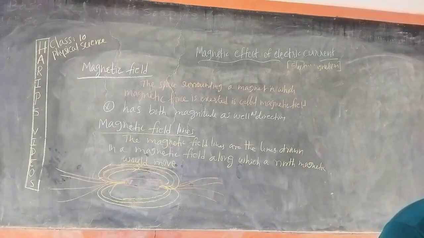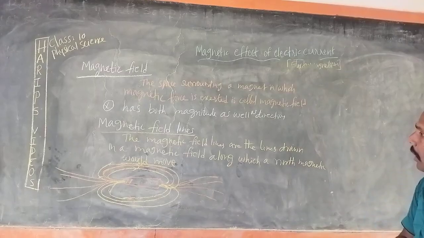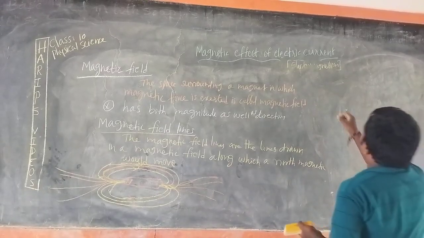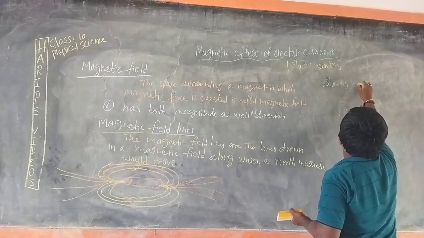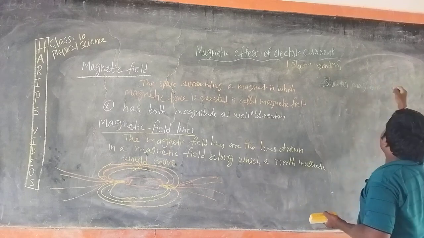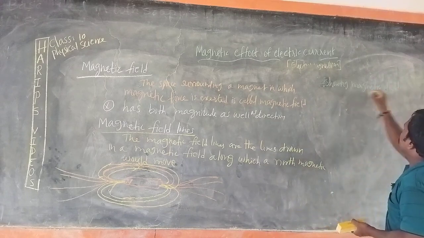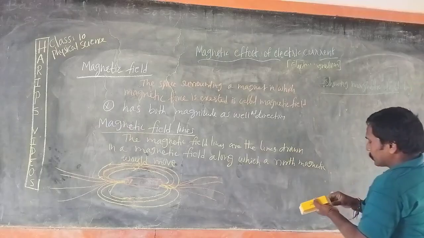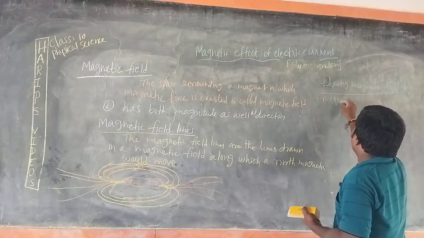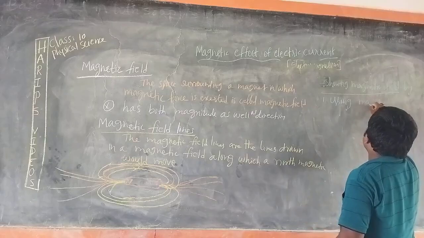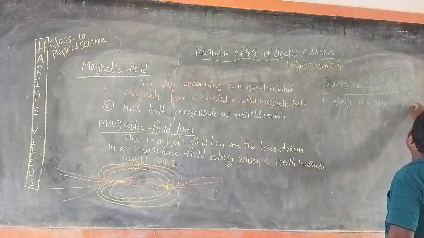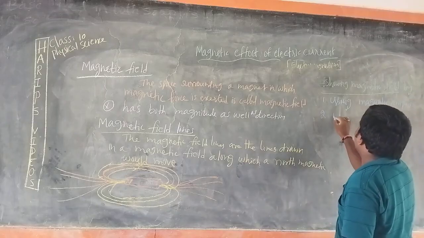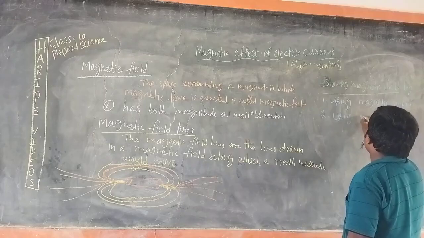So, the representation of the field, showing the magnetic field, can be done first by using a magnetic compass, and second by using iron filings.